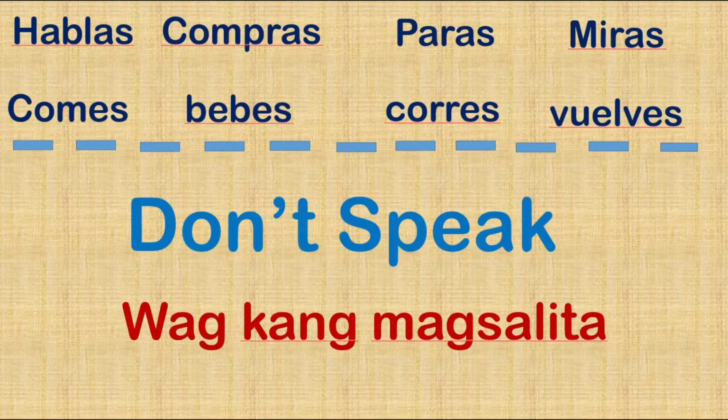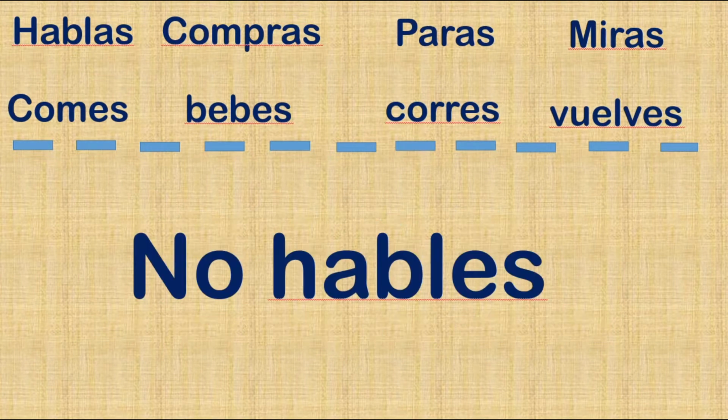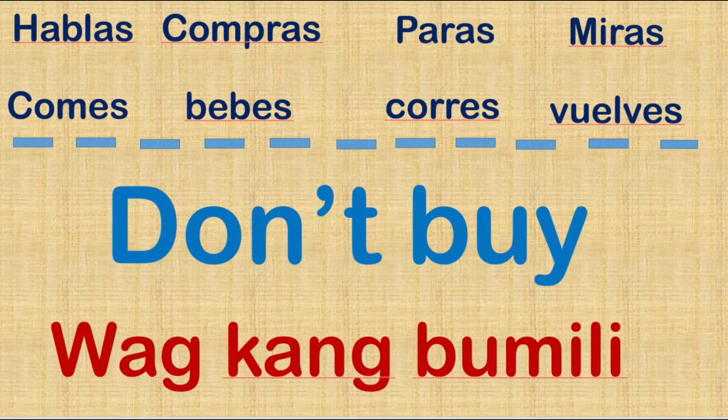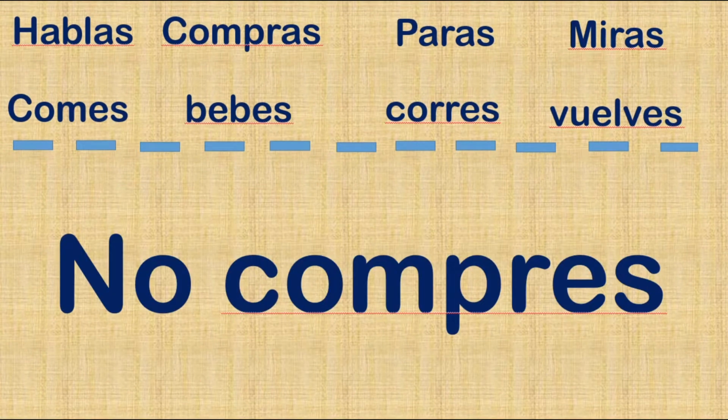If you would like to say don't speak, wag kang magsalita, that would be no hables. So again, ang ating hablas, which is you speak, ay naging no hables, which means don't speak. What about don't buy? Wag kang bumili. No compres.